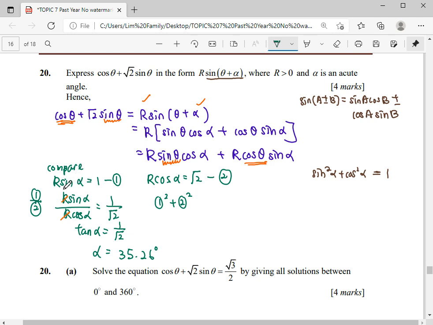When I square this equation, it becomes r square sine square alpha, plus squaring equation number 2, it becomes r square cos square alpha, which is equal to 1 square, which is 1, plus square root 2 squared, which is 2. From here we can factorize our r square, leaving sine square plus cos square.